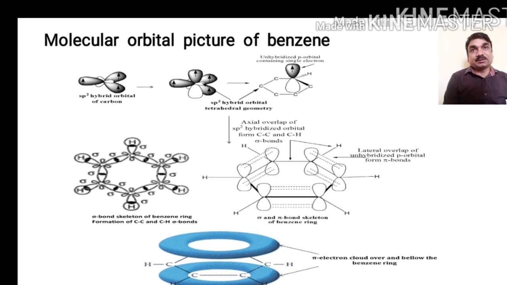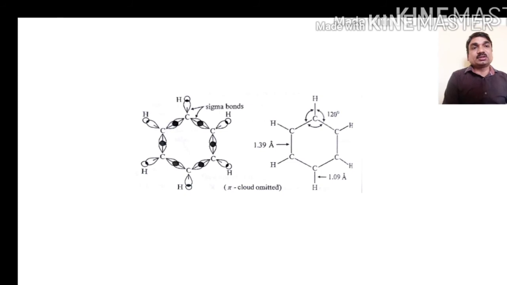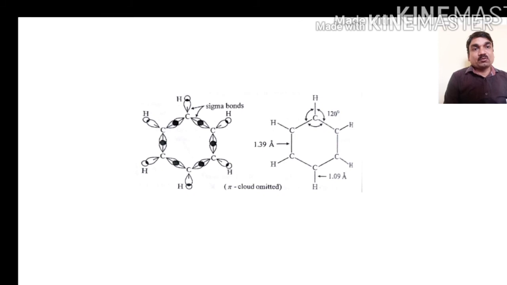Then the next point is properties of benzene. This structure indicates that each carbon forms an sp2 sigma bond with the adjacent carbon atom. One of the sp2 hybrid orbitals overlaps with hydrogen to form an sp2-s sigma bond. So this is the sigma skeleton of this molecule.